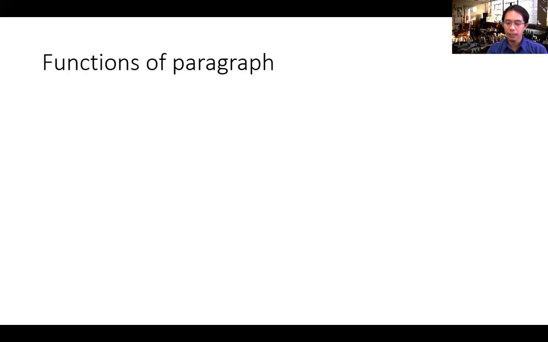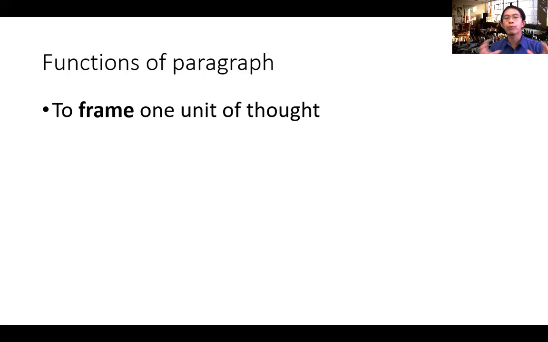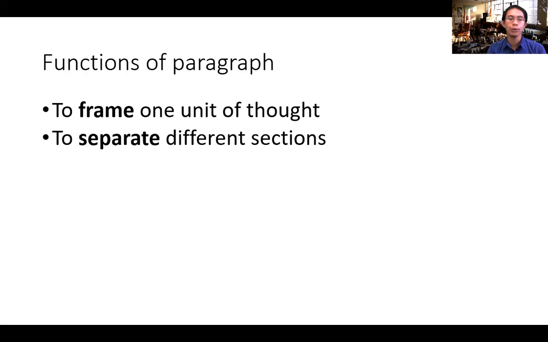So in creative writing, in fiction especially, a paragraph can frame one unit of thought, which is like the kind of paragraph that you write in academic writing, right? It can frame one unit of thought like that, but it can also separate one thing from another.